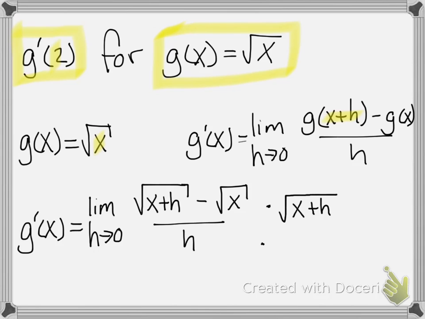And so the conjugate is basically multiplying it by the same thing, except you change the sign. So whenever we multiply through, we have the square root of x plus h minus the square root of x times its conjugate, which is the square root of x plus h plus the square root of x. And like I said, we have to do that to the top and bottom.